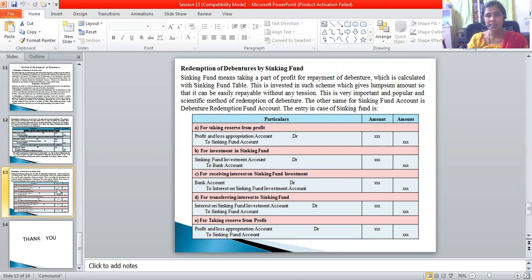When interest is received on the sinking fund investment, the amount received as interest is transferred to the sinking fund: Interest on Sinking Fund Investment Account debit to Sinking Fund Account. These are the journal entries we need to pass for the various transactions.